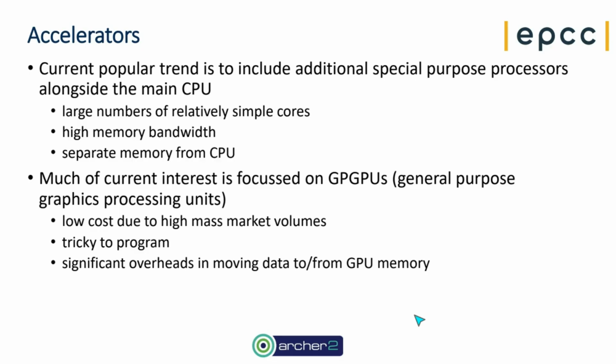But very briefly, the current popular trend for HPC systems is to have additional special purpose processors alongside the main CPU. These typically have large numbers of relatively simple cores. They have high memory bandwidth and a separate memory system from the CPU. Mostly these are GPU systems these days. They're relatively low cost because they're essentially a small variant on a mass market product for graphics cards.